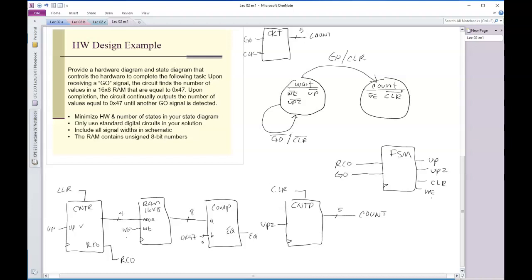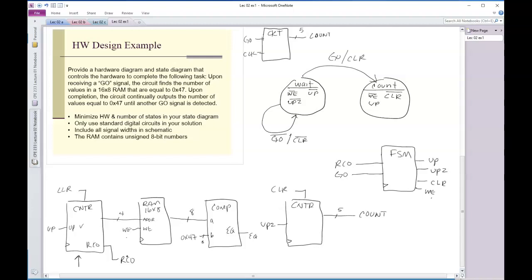But what I'm interested in is I got the 2 signals here, the clear and write enable, but I need to know what to do with the 2 up signals. Okay, so the 1 up signal is going to be driving this counter here, and it's always going to be counting up, so I'm going to leave the count on in that thing.